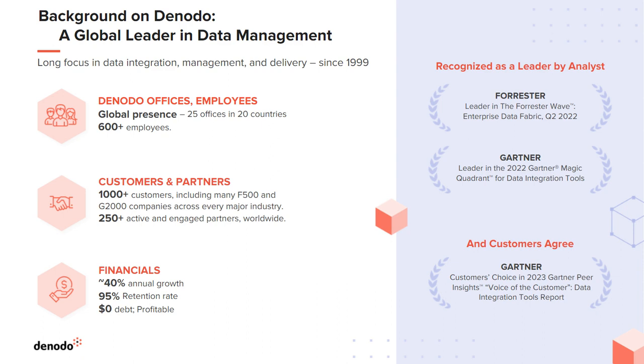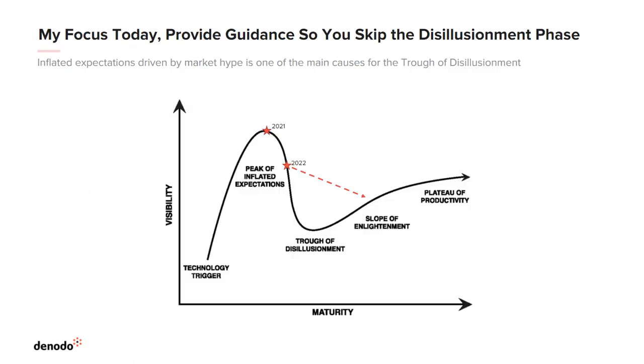So what I wanted to do is talk a little bit about the steps you can take to have success when you're implementing your data fabric. The normal life cycle that products go through, Gartner talks about as the hype cycle. In 2021, data fabrics were at the peak of inflated expectations. In 2022, they've slid down into the trough of disillusionment.